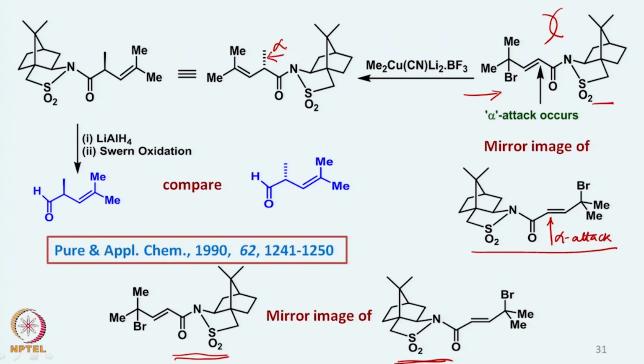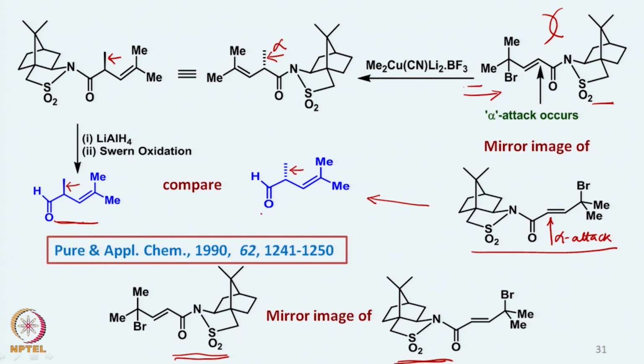But then if we just turn it around 180 degrees, then of course this becomes beta oriented, which upon reduction and oxidation will give a product like this. So, from this we had got this product, and from this particular mirror image we have got this product here. This leads to the product having a beta oriented methyl group, whereas here it is alpha oriented. So, they are two enantiomers of each other.